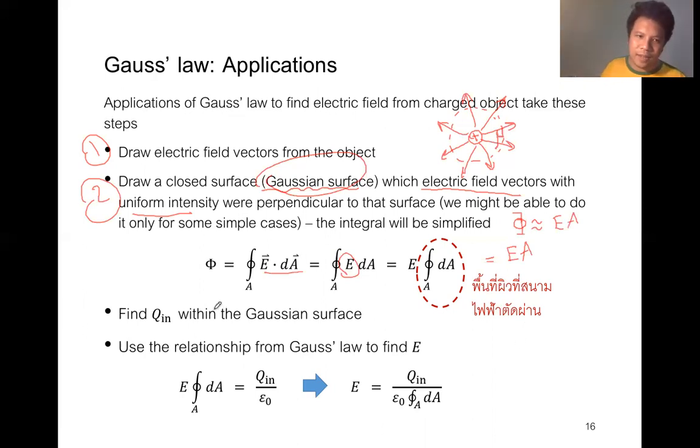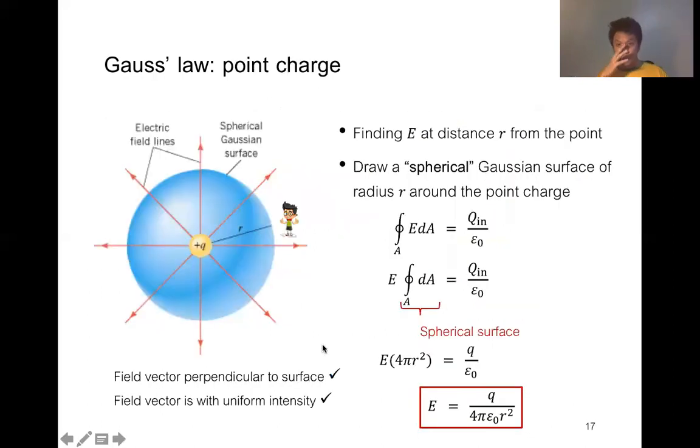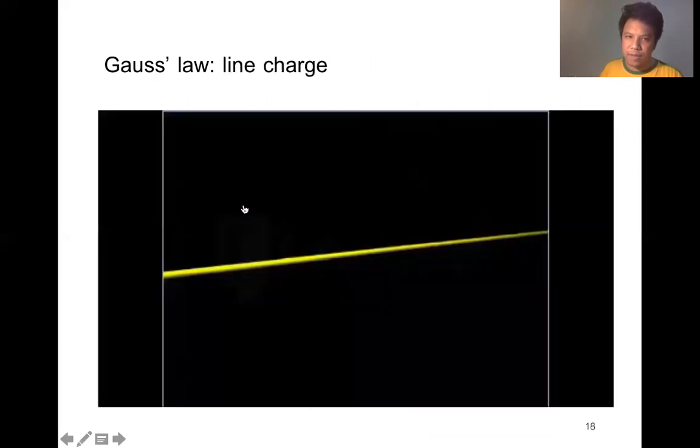And then find the Q within the surface, which in this case is Q, and then we can use the relationship to find the electric field after that. Okay, so we start with some simple shape, such as the sphere that I showed you already. So we start with drawing electric field lines.